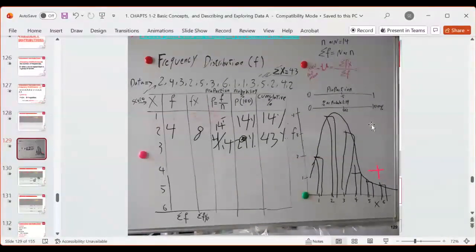So if a number is, let's say 90, how do you convert it to proportion? Divide by 100, it will be 0.9. On the same token, if a number is in proportion, let's say 0.6, to convert it to probability or percentage, you multiply it by 100, which will be 60%.